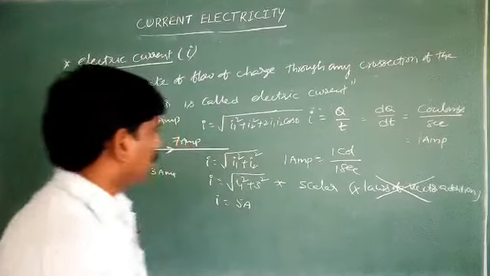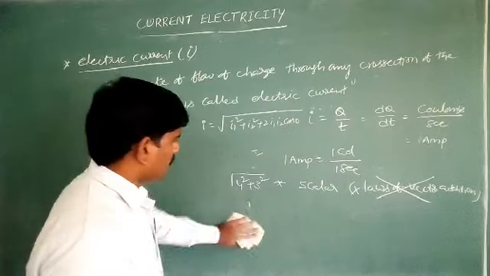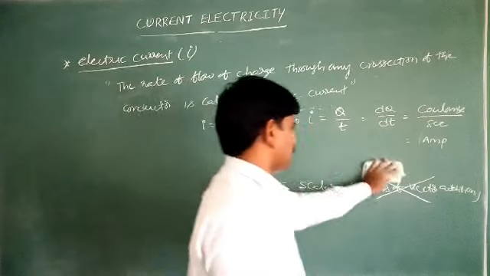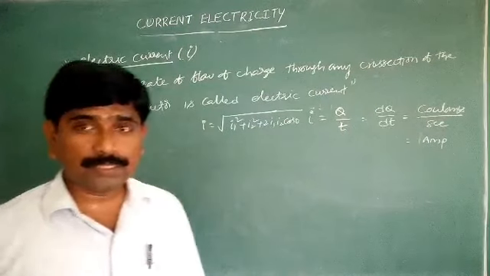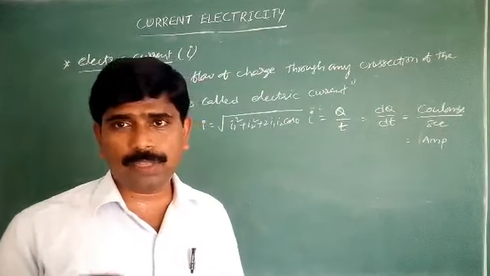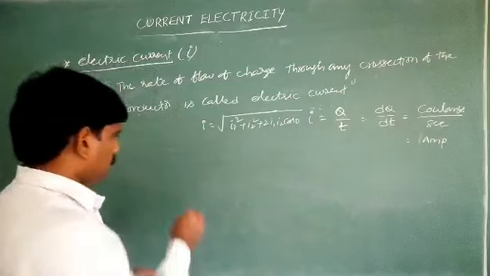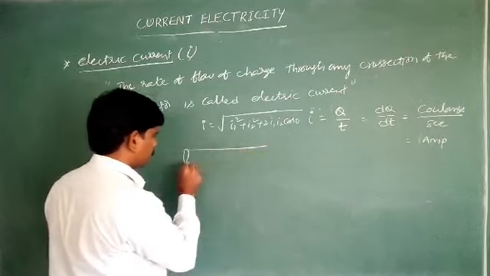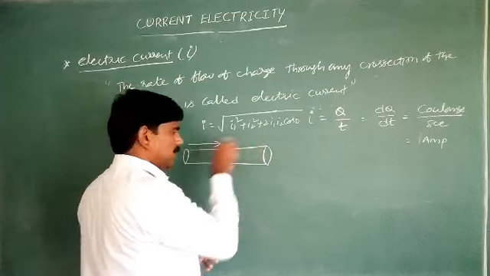Right. Now, what is the direction of the current? It does have a direction. It is nothing but the direction of flow of the positive charges. Observe, this is the conductor. Here positive charges are moving in this direction.